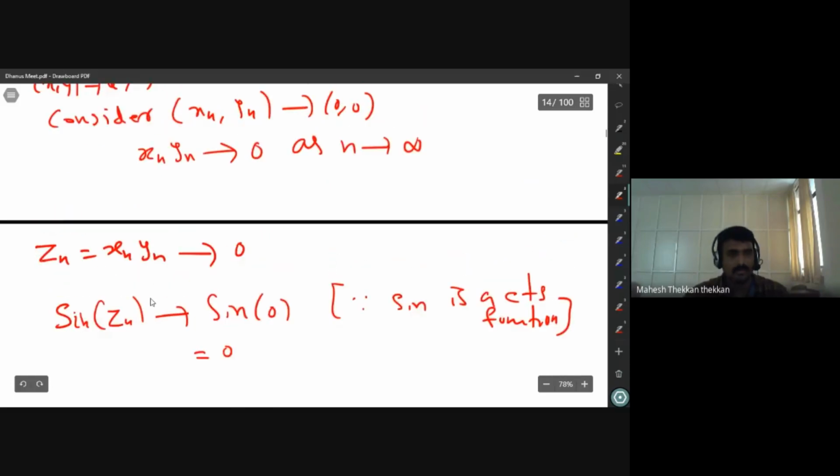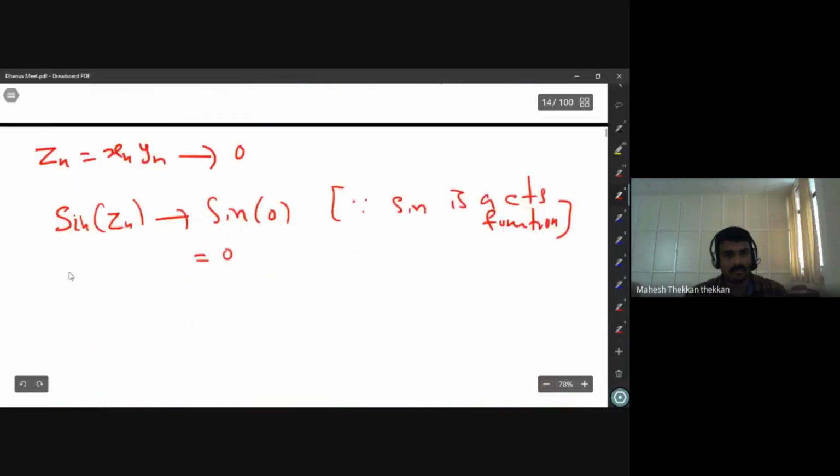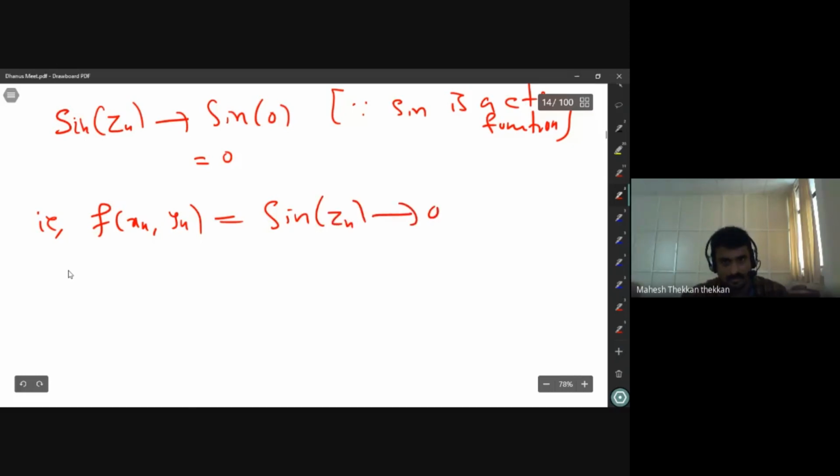So what happens if (xn, yn) converges to (0, 0)? What happens to f of (xn, yn)? That is exactly sin of zn, which converges to 0 as n tends to infinity.